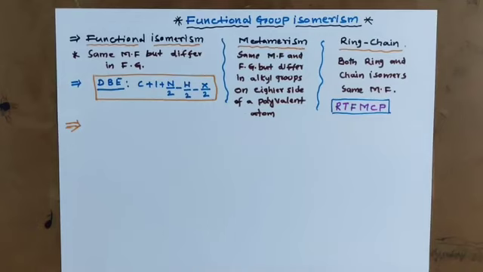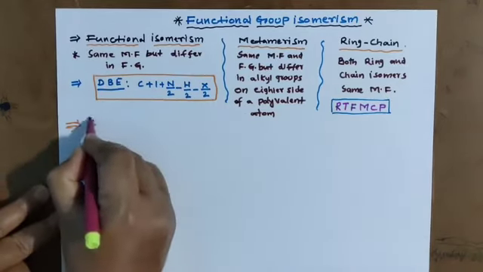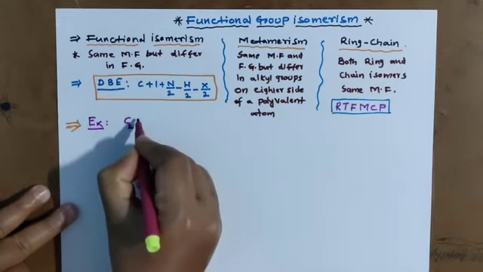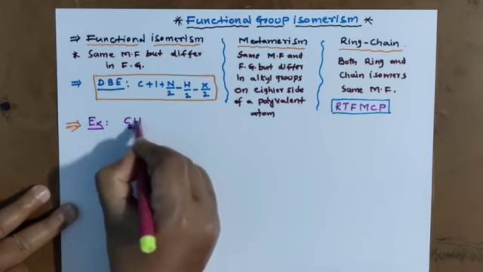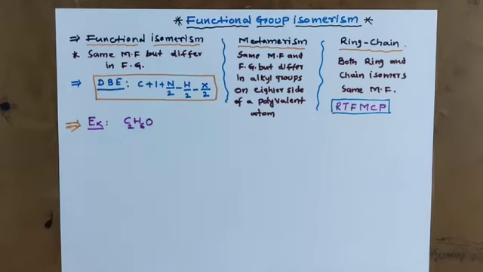Let me start. I am taking an example. One compound is given to you like this: C2H6O. How many functional group isomers are possible?